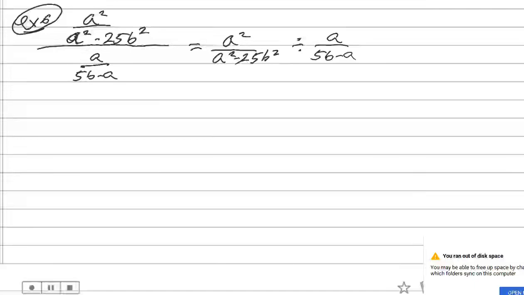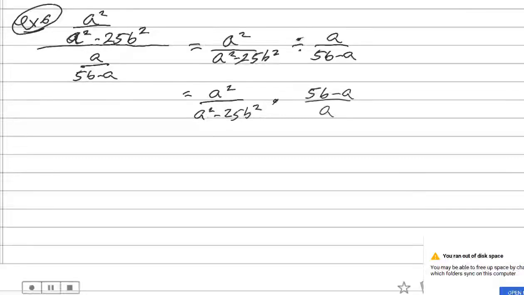Keep in mind with division, we're going to keep change flip, so we're going to keep this as a squared over a squared minus 25b squared times, and I'm going to flip this over, 5b minus a over a.